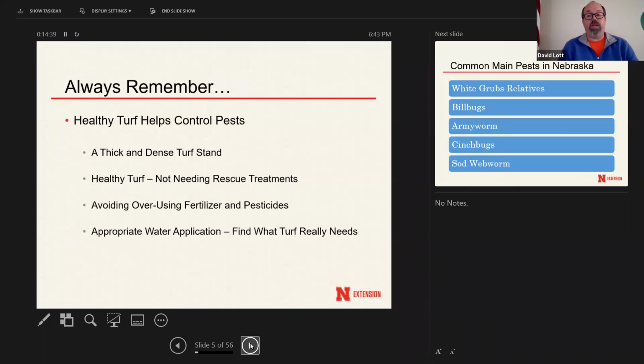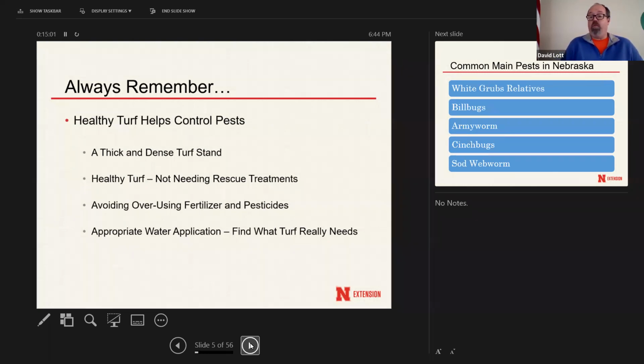So always remember, and this is also before we start any of this, that a healthy turf, a healthy lawn controls pests. Where we have a thick and dense stand of grass that is healthy, it's not needing any rescue treatments or any extra insecticides.